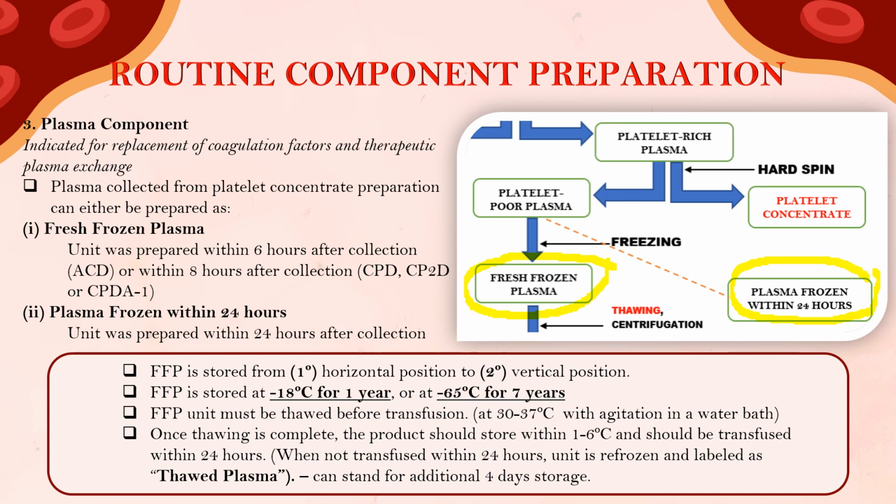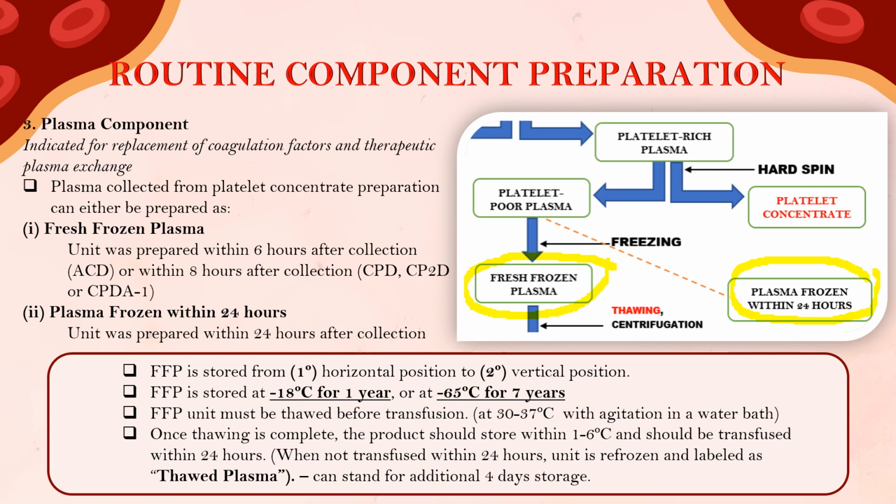Take note that your fresh frozen plasma is initially stored horizontally, but once frozen, the unit must be shifted to a vertical position, and this action will facilitate the migration of your air bubbles so that when thawed, this will be readily apparent or observed.